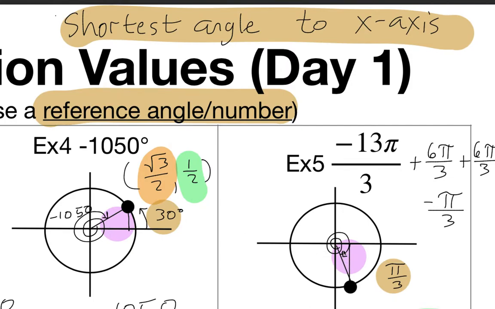Or they might give you some crazy number like negative 13 pi over 3, and you eventually draw the reference triangle, and it's going to be this angle right here that measures this radian distance of pi over 3. You might go around in a negative direction several times and eventually land here, but the reference angle is going to be pi over 3. It's the shortest angle to the x-axis.